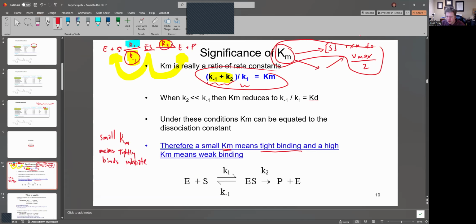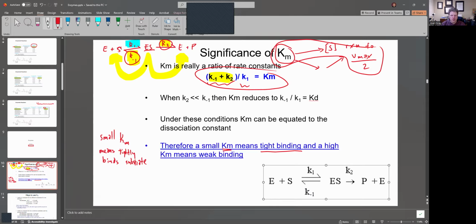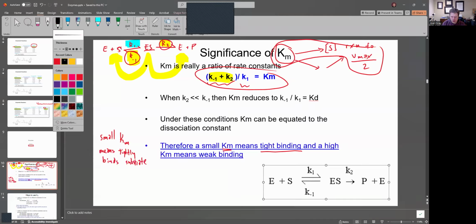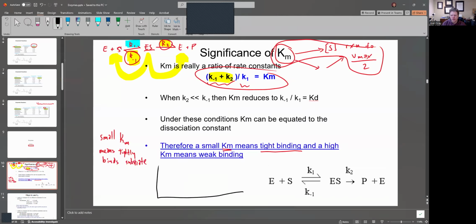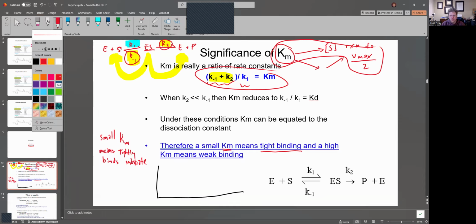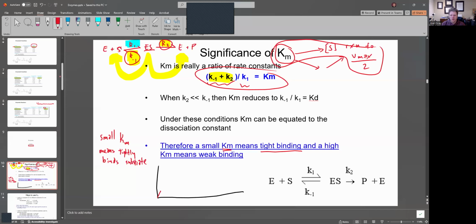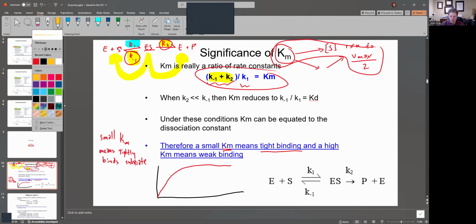And I want to give you a graph with a pair of modeled enzymes. So the first thing that I'm going to do is give us a y and an x-axis. Now I'm going to draw a hyperbolic curve for one enzyme, and that's going to be represented by this red line. And then I'm going to do another one with this gold line.